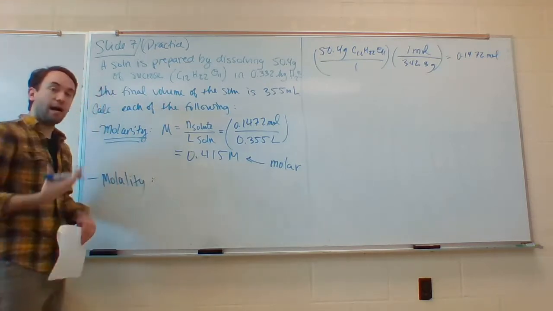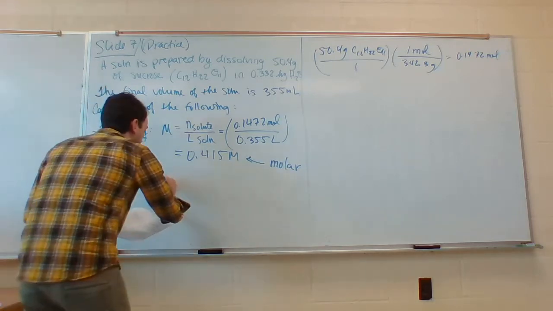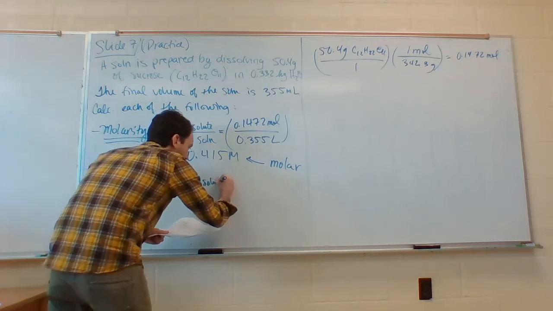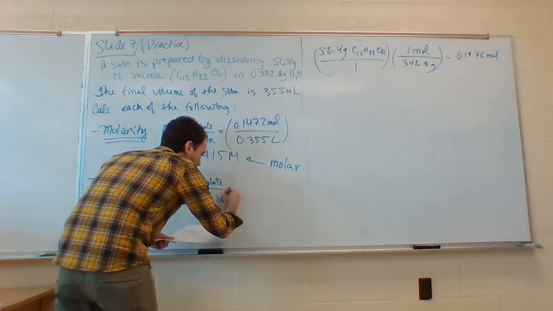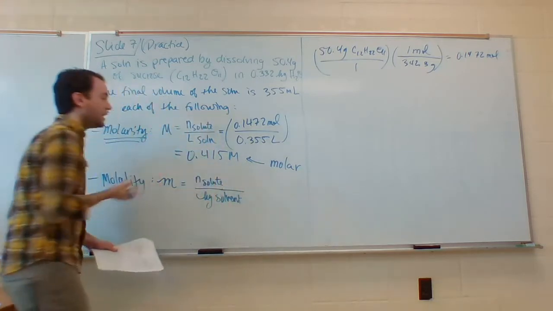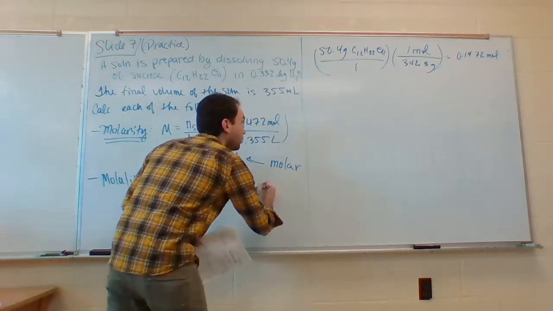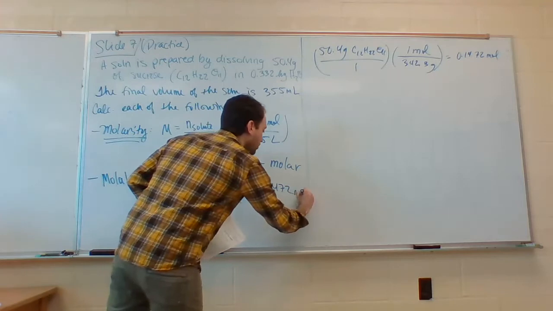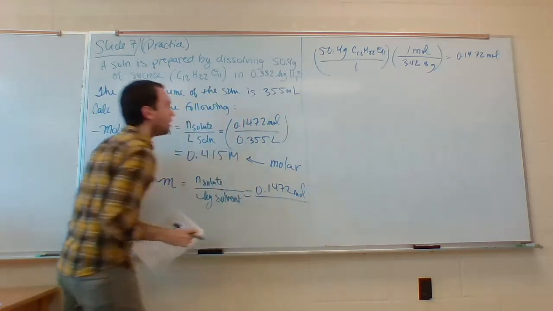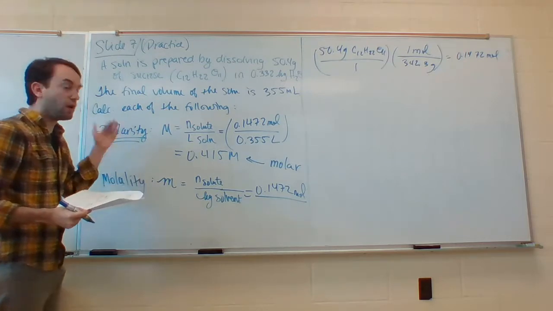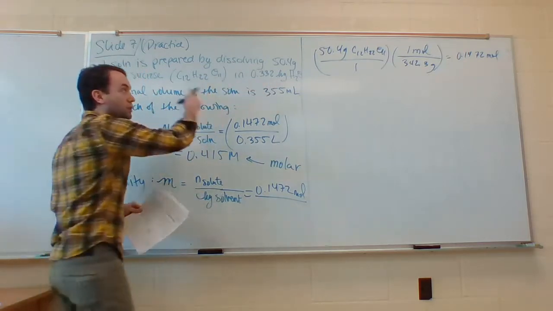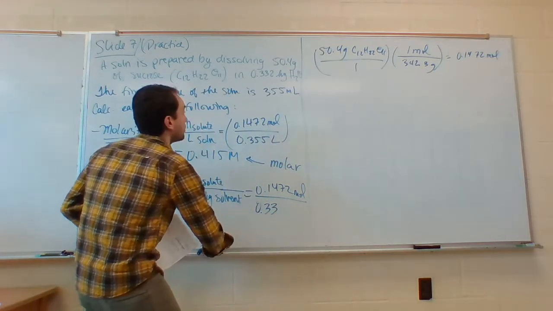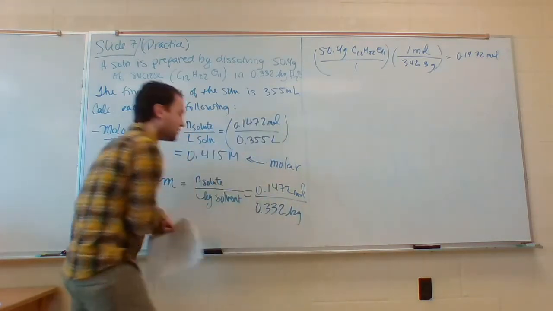Now the next thing that I want to calculate is going to be the molality with an L. How was our molality defined? Well, that was our little m, and our molality was equal to the moles of the solute per kilograms of solvent. We've already calculated our moles of solute, 0.1472, because our solute was our sugar. We have moles over our kilograms of solvent. Water was our solvent in this case, so we're just going to plug that in as 0.332 kilograms of our solvent.